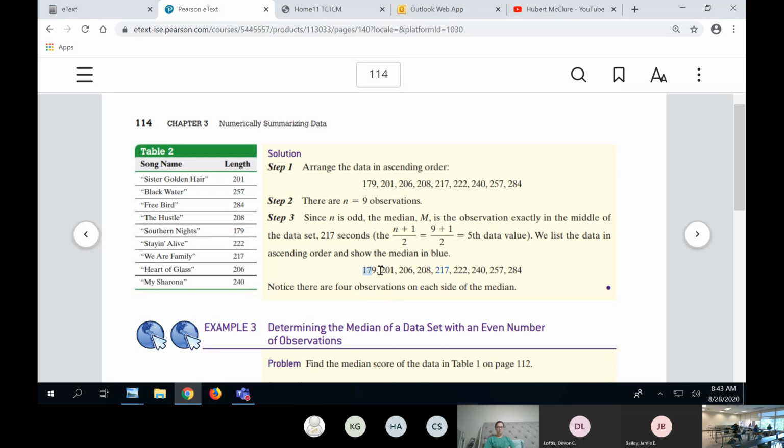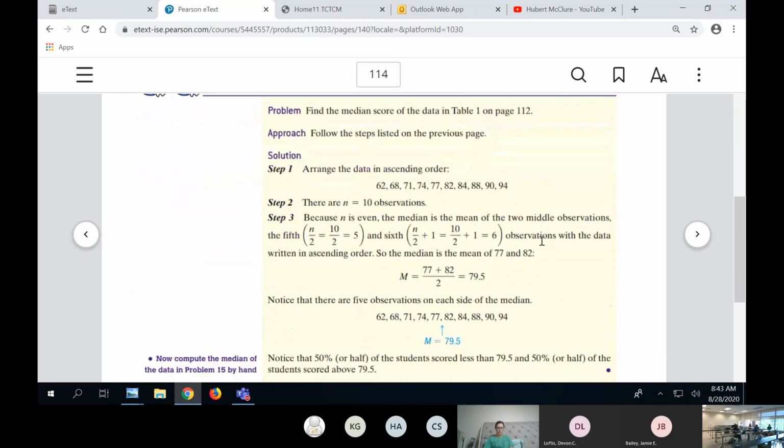So here's an example of 1, 2, 3, 4, 5, 6, 7, 8, 9. Is 9 odd or even? It's odd, Hubert. Thank you, class. So you just pick the middle number. So if n is odd, you just pick the middle number. Does everybody understand? Okay.